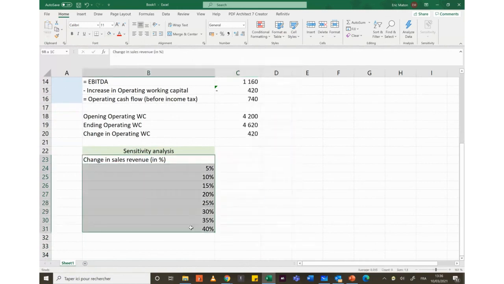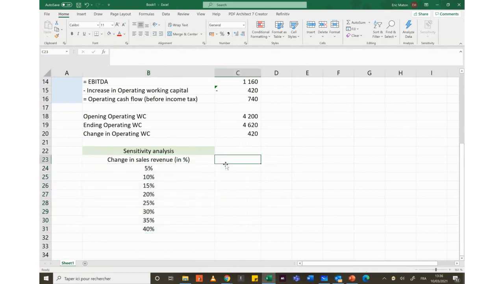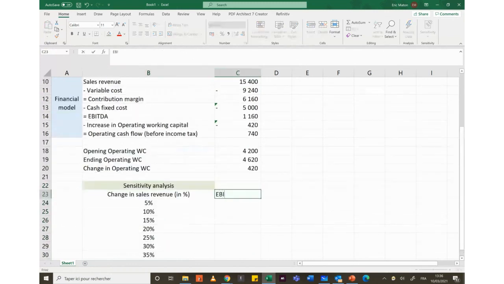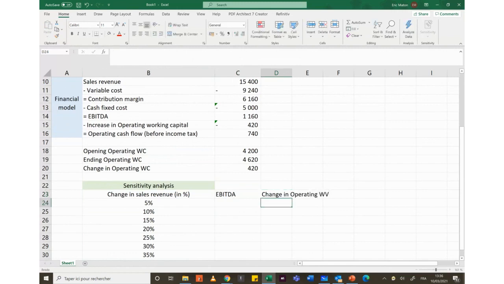Okay. So we want the effect of the change in sales revenue over the EBITDA, over the change in operating working capital, and over the operating cash flow.